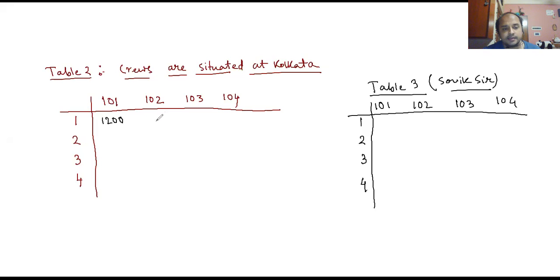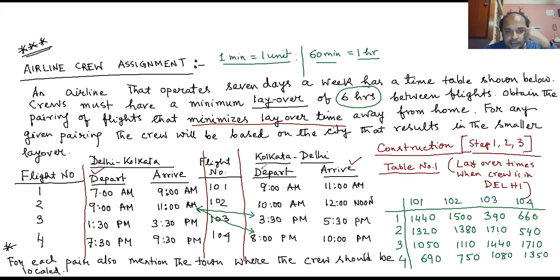Are you getting this? Hello? Yes, sir. Counting. Wait. My first value has come out to be 1200. Remember, you are to connect this with that. This with that.